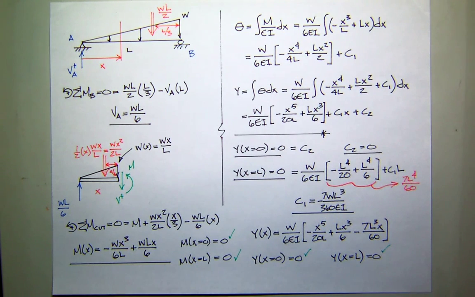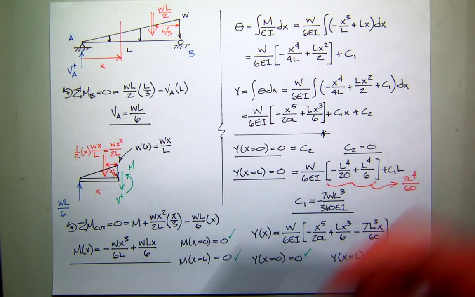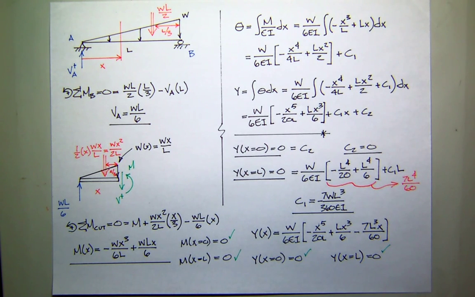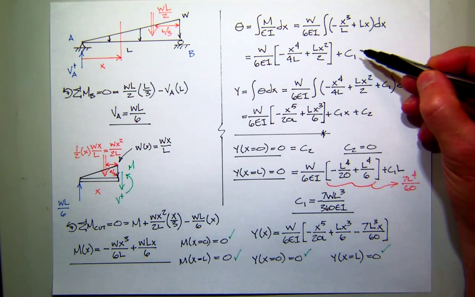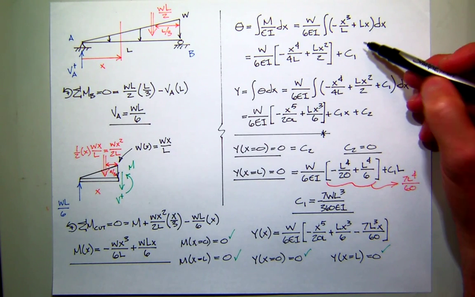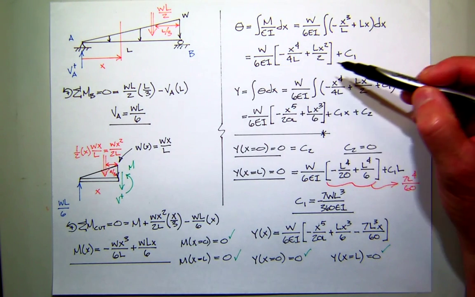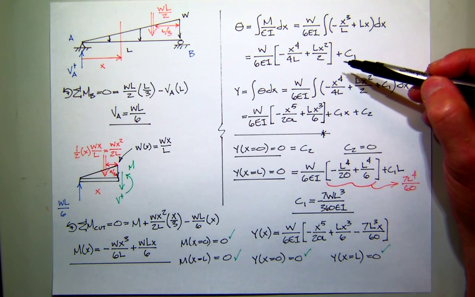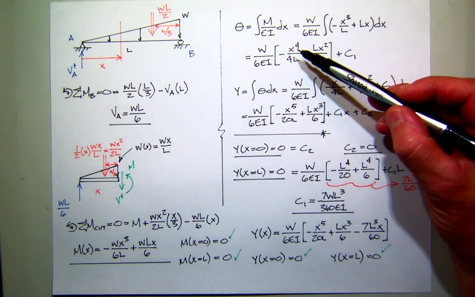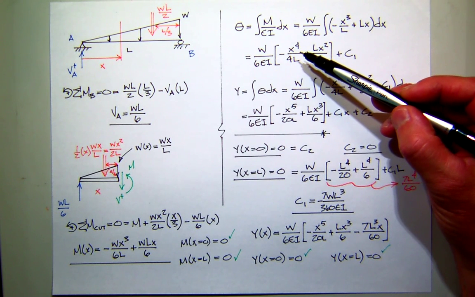Now, a third phase of this problem would be: what is the maximum displacement? The maximum displacement occurs when the slope is 0. So I would set this equation equal to 0 and solve for x values. You're probably looking at that going, holy cow, that's a quartic equation.